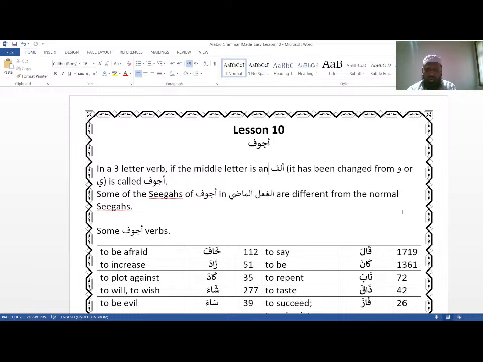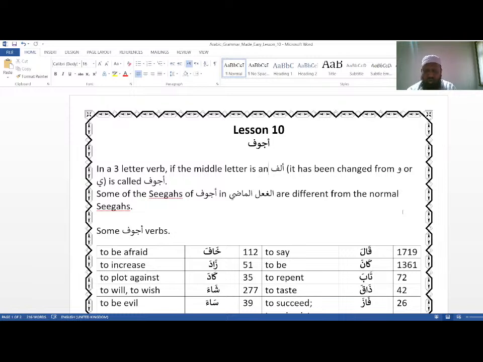The normal sigas will follow this pattern. But ajwaf verbs, some of the sigas will not follow the normal pattern. It's very important to know what the changes and patterns are. So we have some ajwaf verbs.